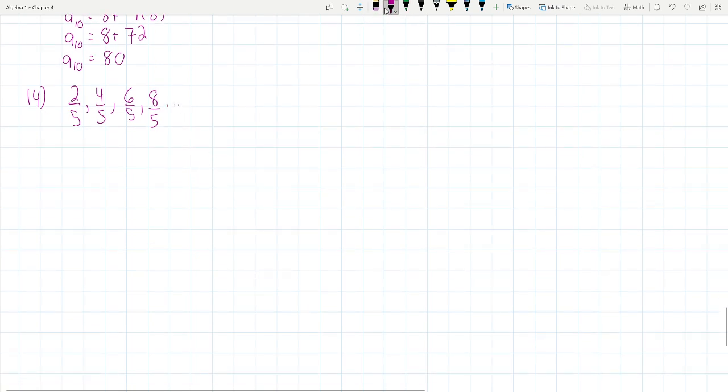So going from 2 over 5 to 4 over 5 is plus 2/5. 4/5 to 6/5 is plus 2/5. 6/5 to 8/5 is plus 2/5. Going from there, we're able to find that the common difference, or d, is 2 over 5.